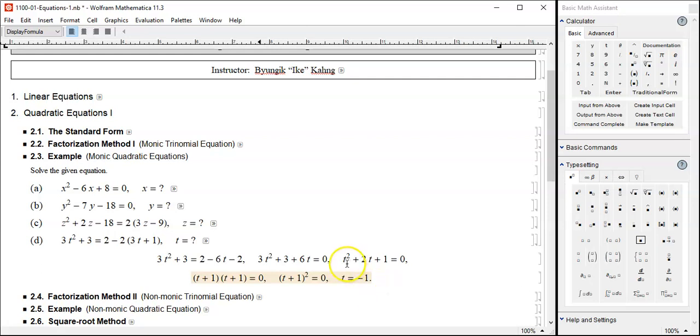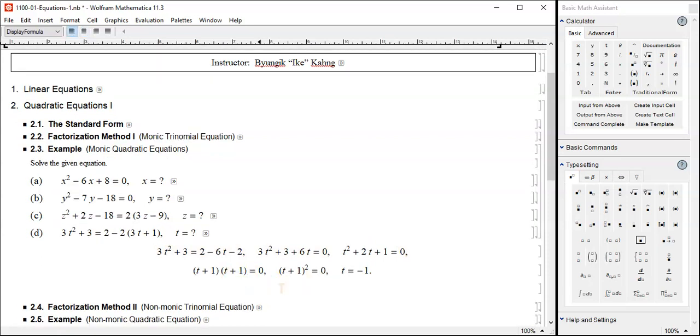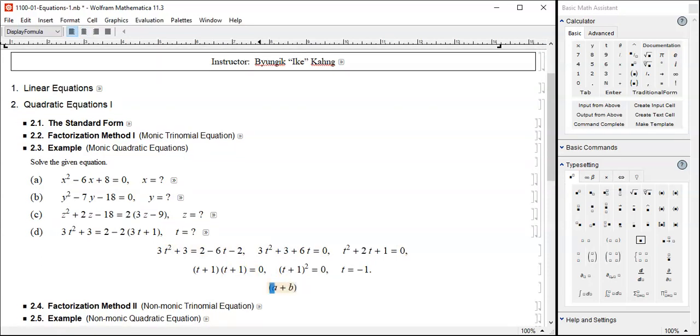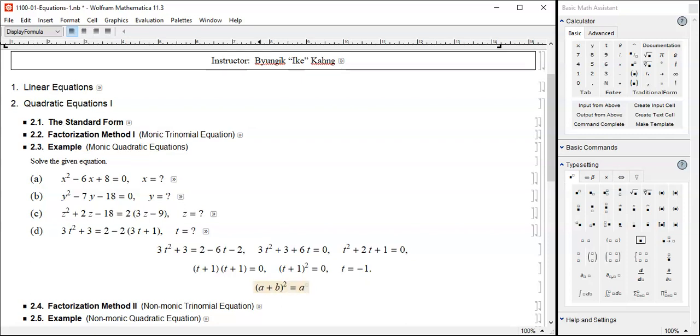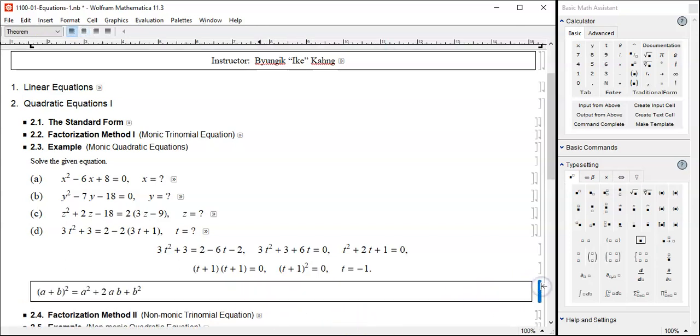By the way, this kind of form is called the complete square formula. It appears a lot, so it's really worth remembering. This formula, the complete square formula, is very, very useful.